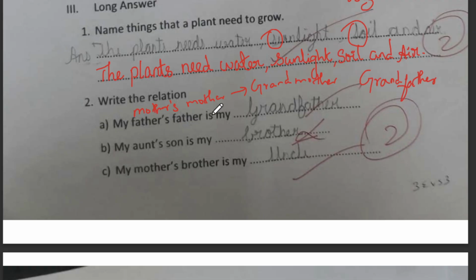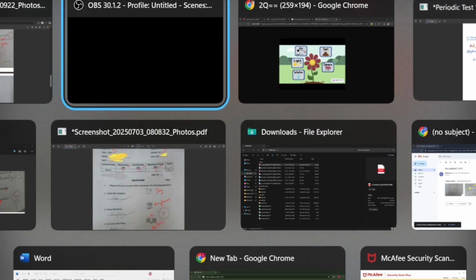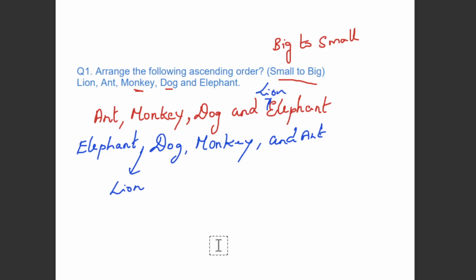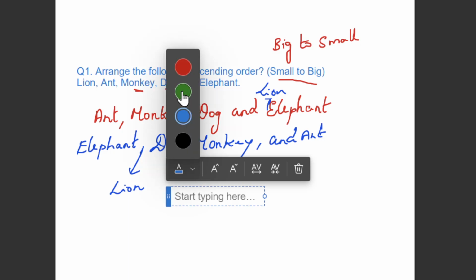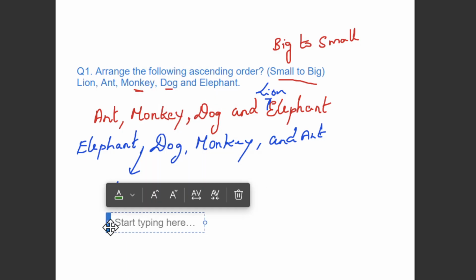Likewise, if they ask father's mother, it is also grandmother, and mother's father is also grandfather. Don't get confused, students. All are the same. I'll type and show you so that you will not get confused. Anything they frame in your exam.